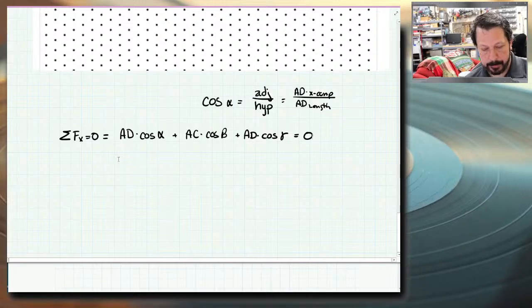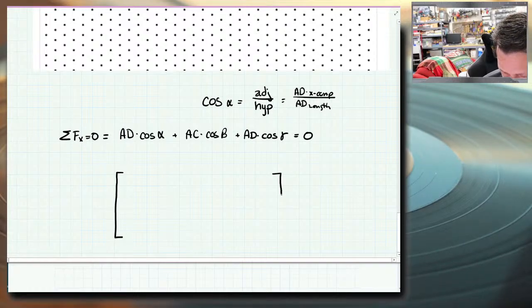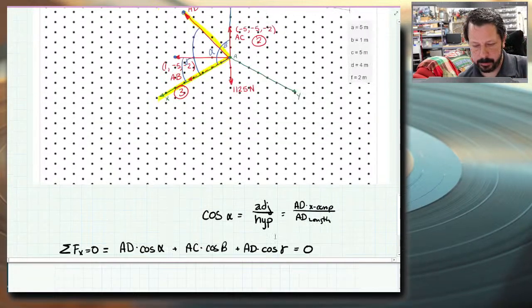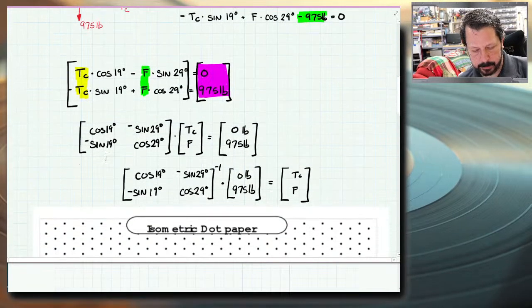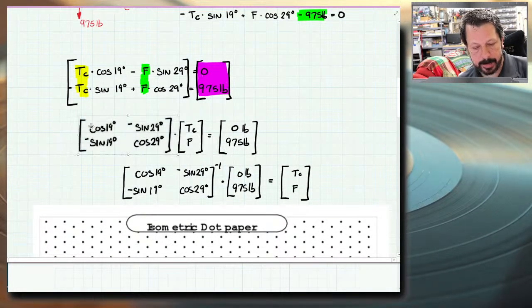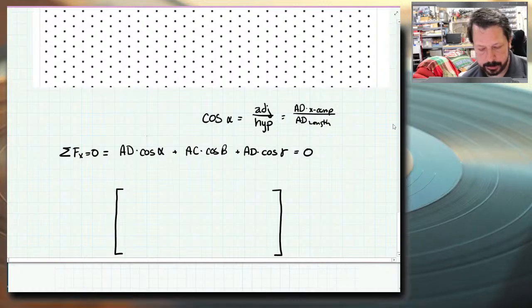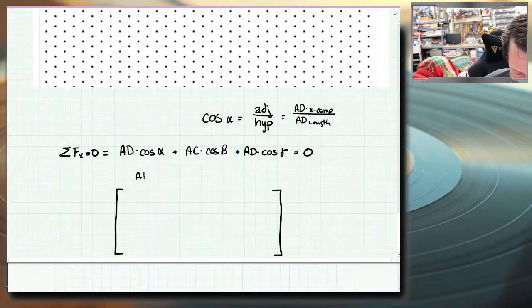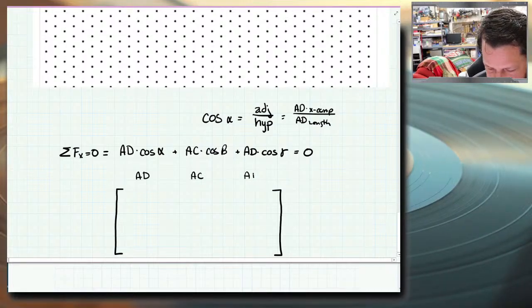So I'm going to set this up as the same type of matrix that I had when I did the 2x2 right here. Well, really more like this one, where I have the coefficients in this matrix. So this first column is going to have all of the coefficients for AD. Second column will have all the coefficients for AC. The third column will have all the coefficients for AB.